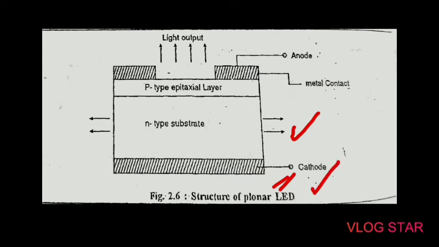This PN junction, when forward biased, has current flowing through it, and it gives spontaneous emission which emits light from all surfaces. So here the light is emitted from the right, left, and above, that is, from all surfaces.